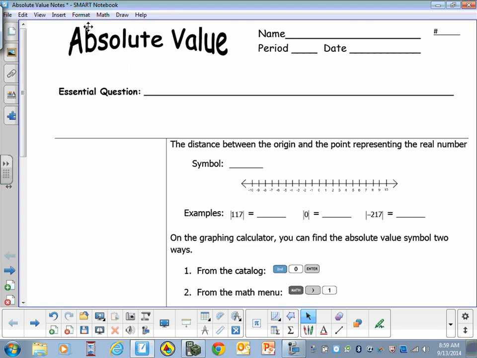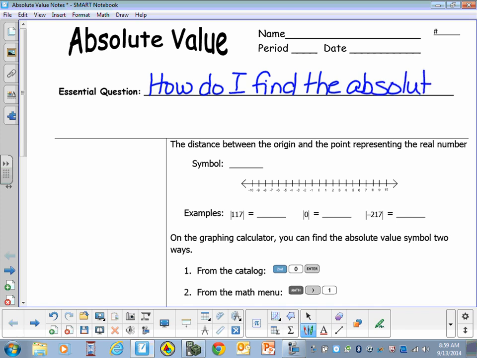The first lesson in Unit 1 is on absolute value. How do I find the absolute value of numbers and variables?